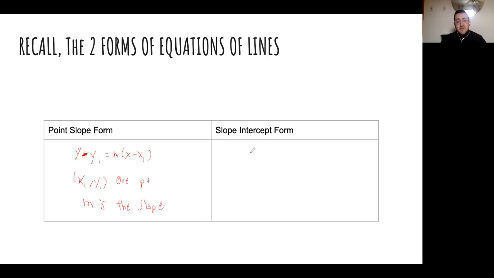And then the slope-intercept form is your y equals mx plus b, where m is the slope and b is the y-intercept.